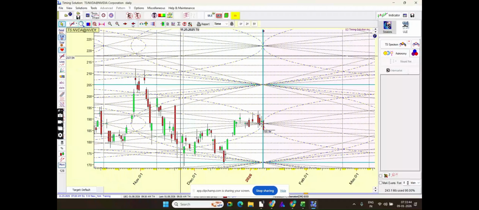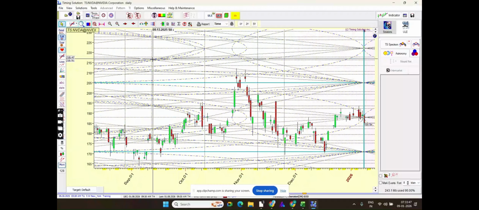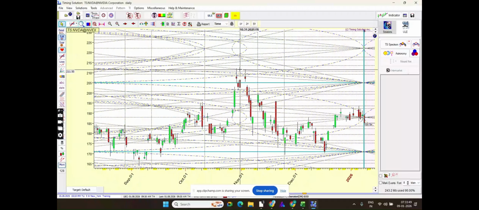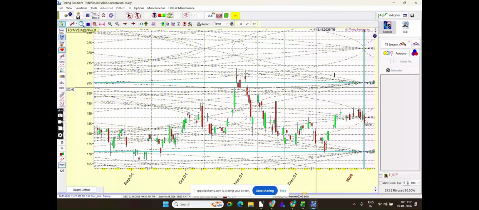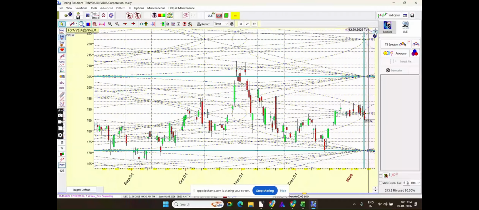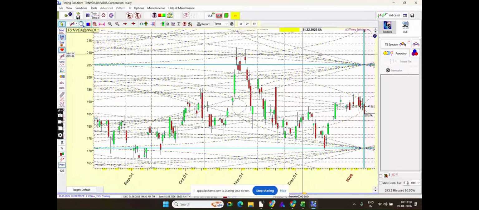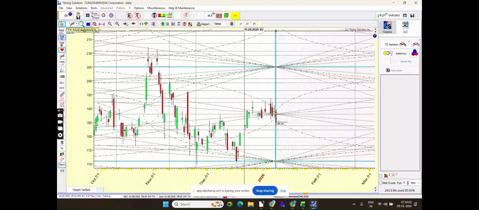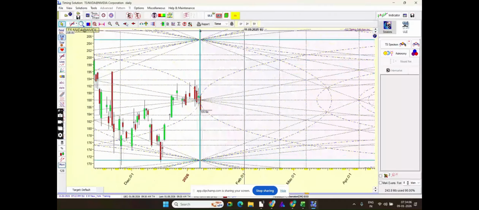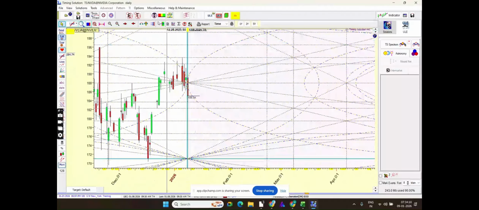Within the square, this is the one by one angle where we got resisted. So we have to closely watch this angle for squaring on Nvidia.